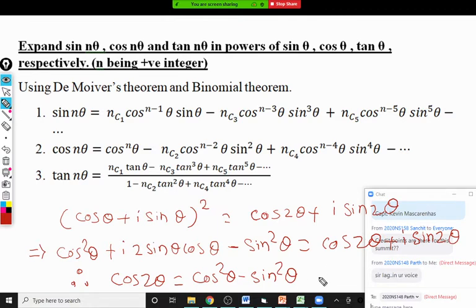And if we equate the imaginary part, sin 2θ is equal to 2 sin θ cos θ. So you will observe we got a trigonometric identity, a double angle formula, with the help of de Moivre's theorem and the binomial expansion. That is what we have to do in the first application.